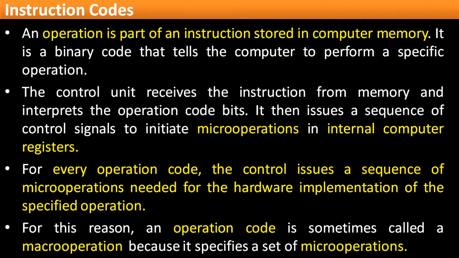For this reason, an operation code is sometimes called a macro operation. Since a particular instruction involves a sequence of events, those individual signals or events are summed up as micro operations, but to perform the entire task, we often call the operation code the macro operation.